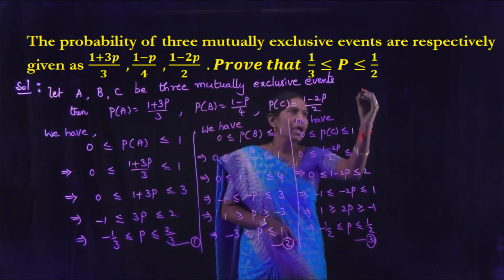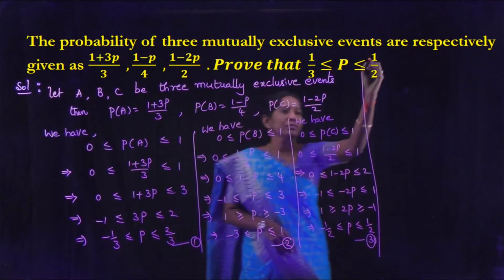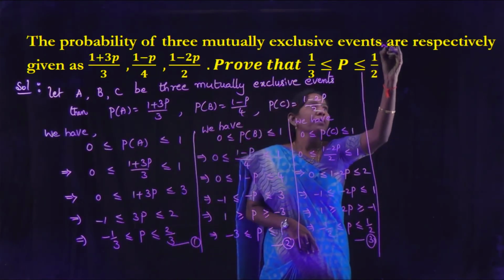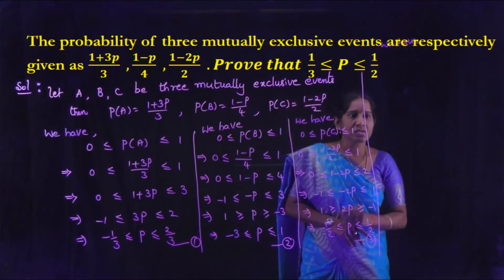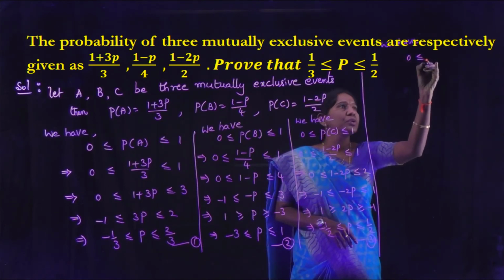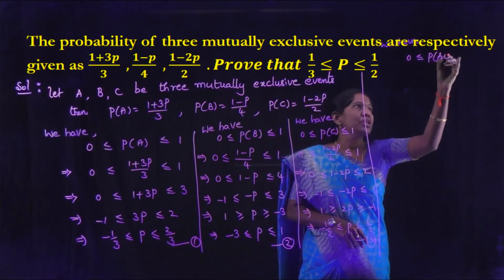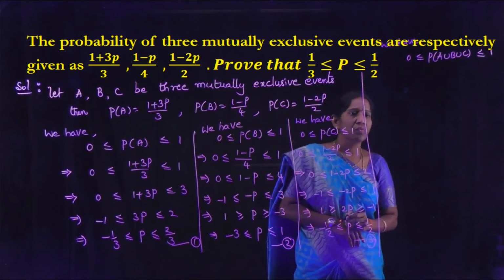And also we have P of A union B union C. So 0 less than or equal to P of A union B union C less than or equal to 1.